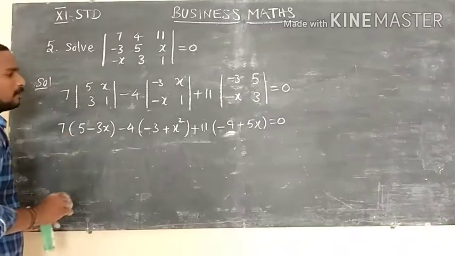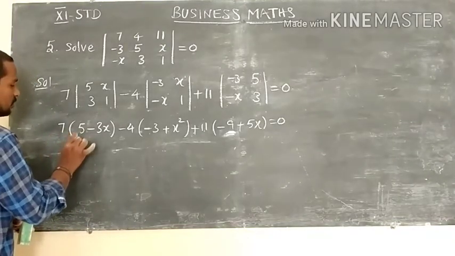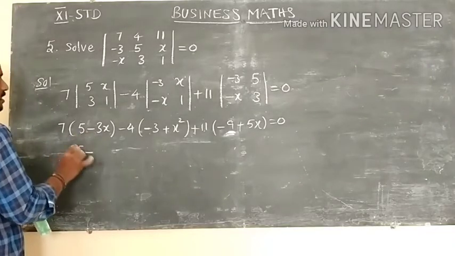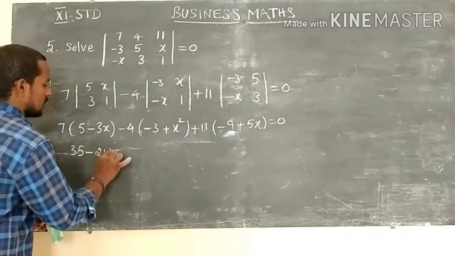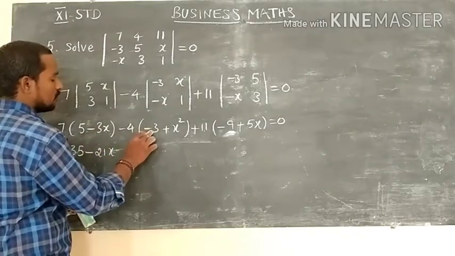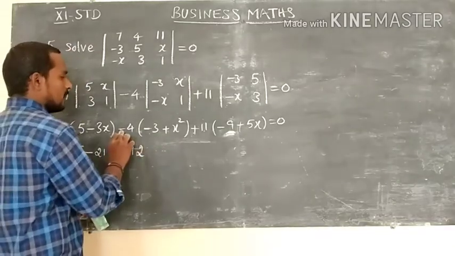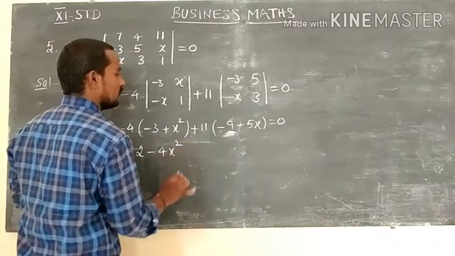Multiplying inside the value: plus into plus plus, 7 5s are 35, and plus into minus minus, 3 7s are 21x. Minus into minus plus, 4 3s are 12, minus into plus minus 4 into x square, 4x square.